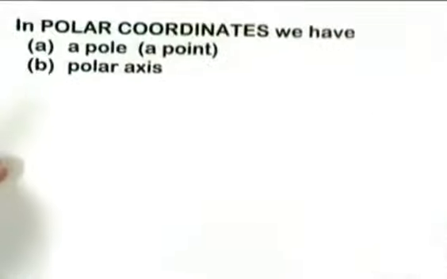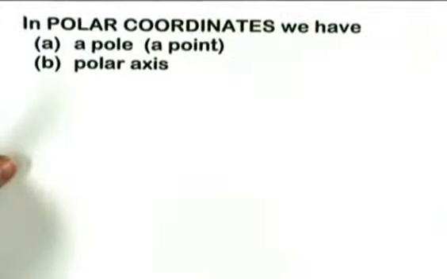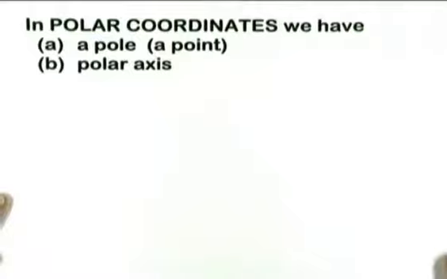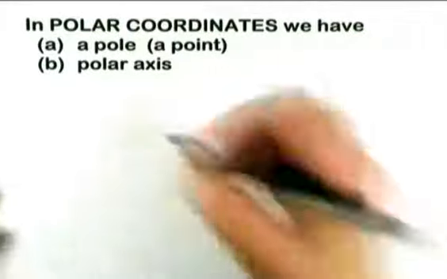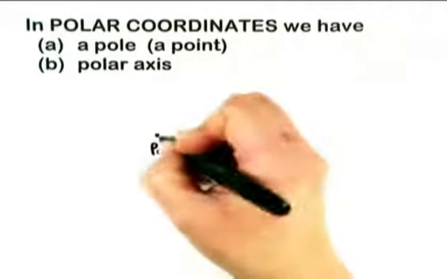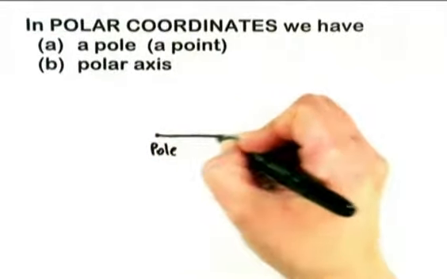Now we would like to talk about polar coordinates. In polar coordinates, we have a pole, that is a point, and a polar axis.